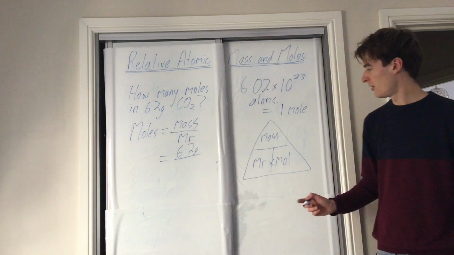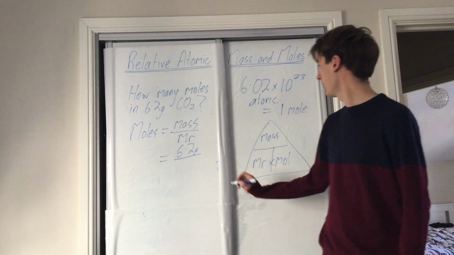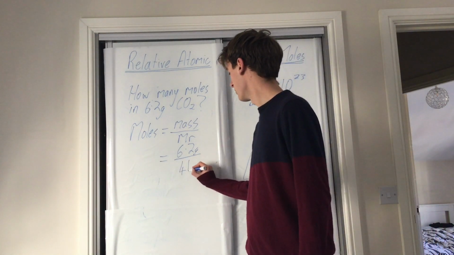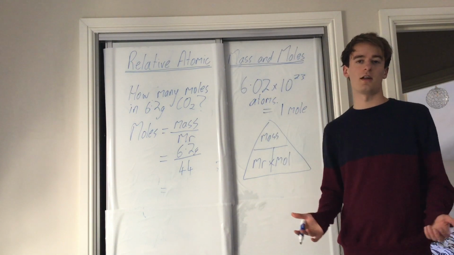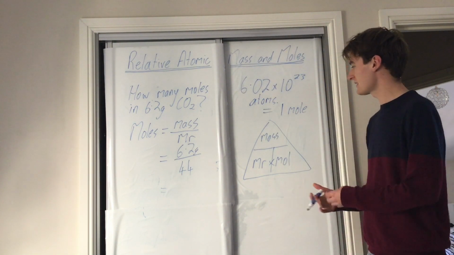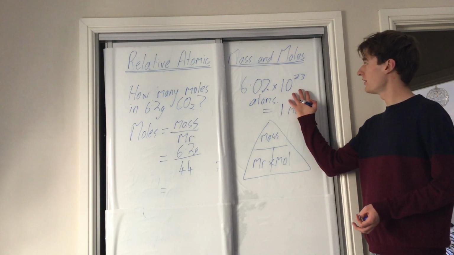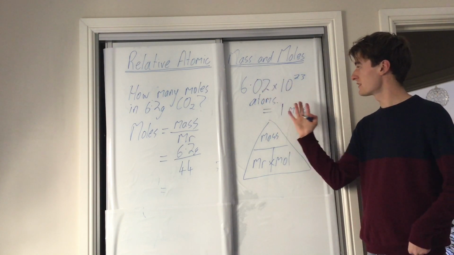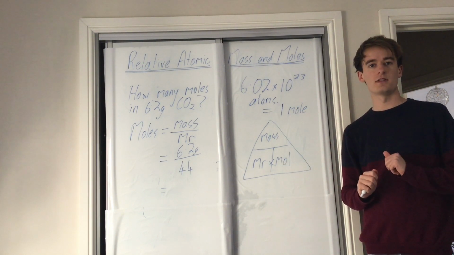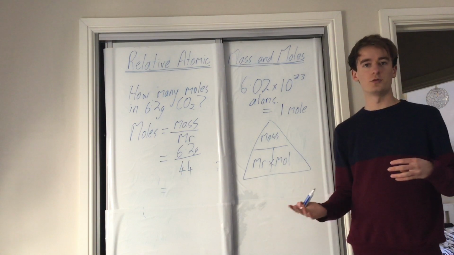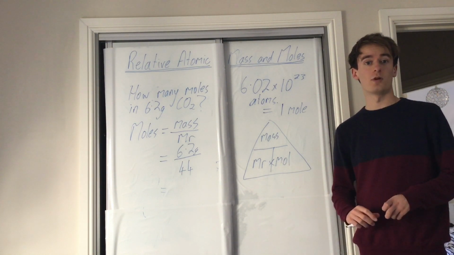And my MR, if you actually rewind the video a little bit, I showed you how to work it out, is 44. I plug that into a calculator and I get my value. So that's how we do moles calculations as an introduction. A mole is 6.02 times 10 to the 23 atoms, and MR is the sum of the mass numbers. Okay, we add them all together and you get the MR of your molecule.